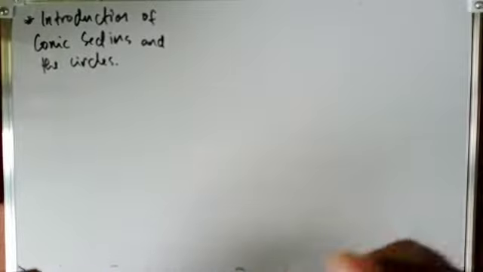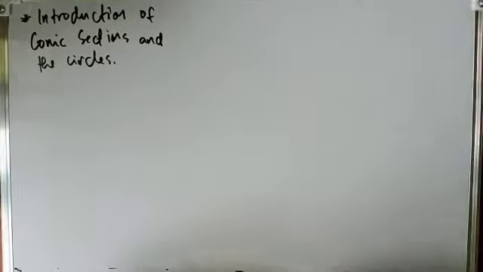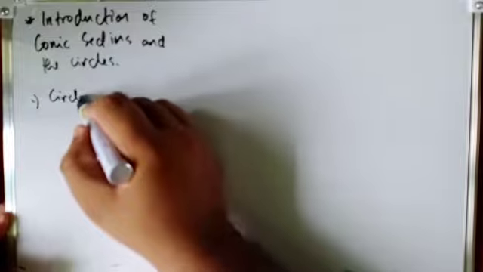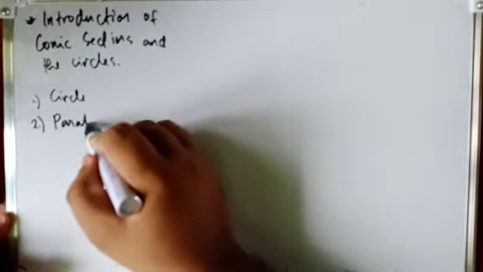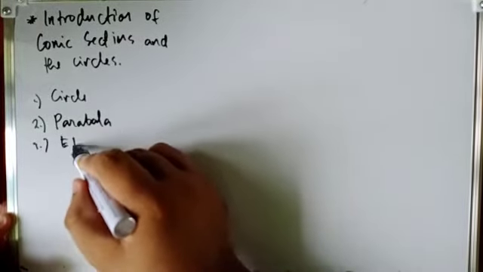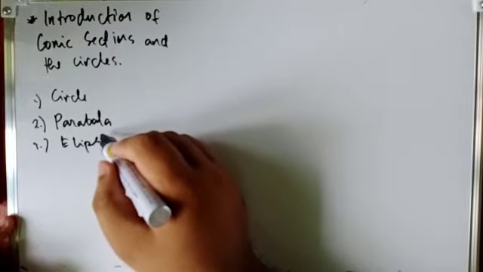So actually we have 4 different types of conic sections. Namely, we have first is the circle. Second, meron po tayong parabola. Third one is meron po tayong ellipse. Ellipse.